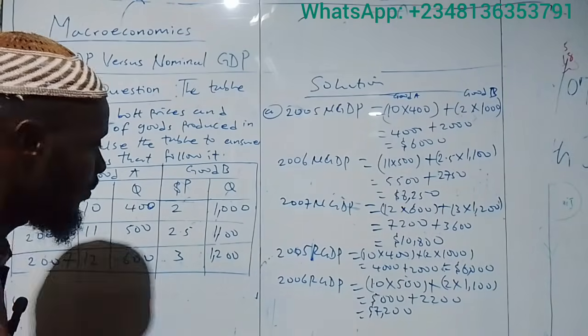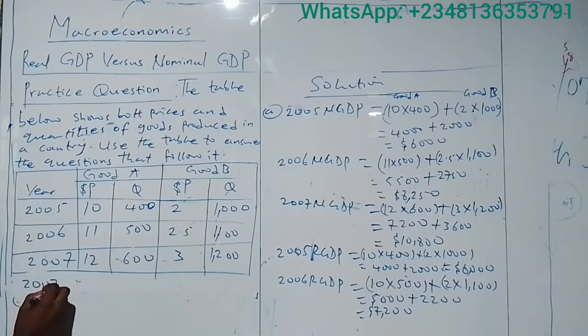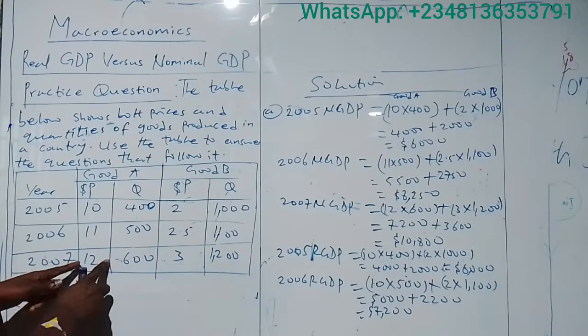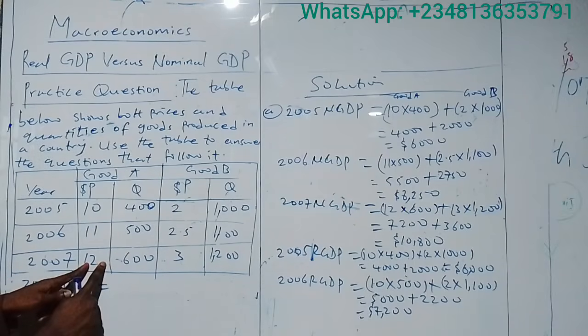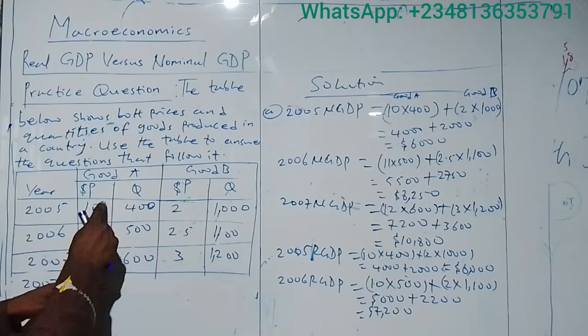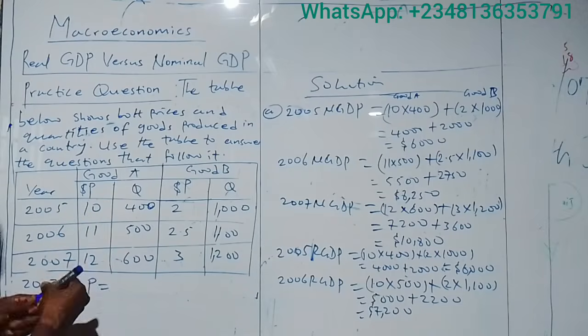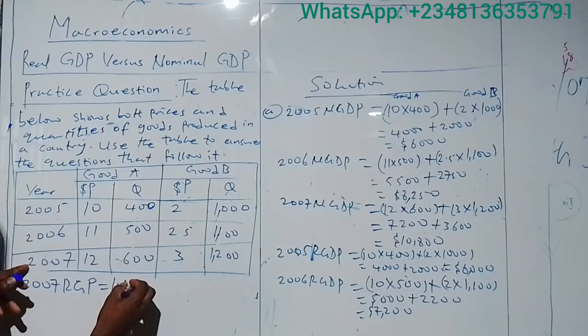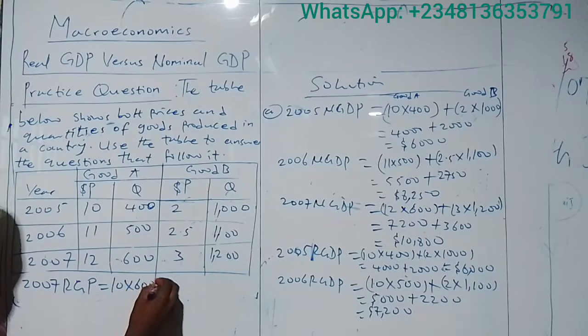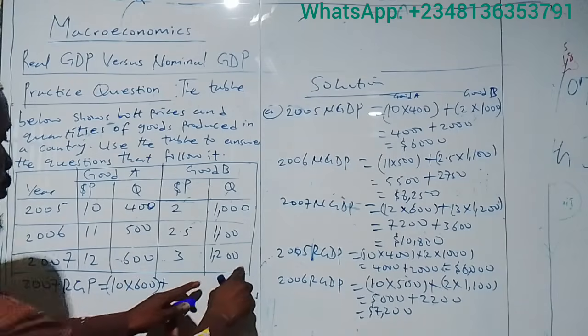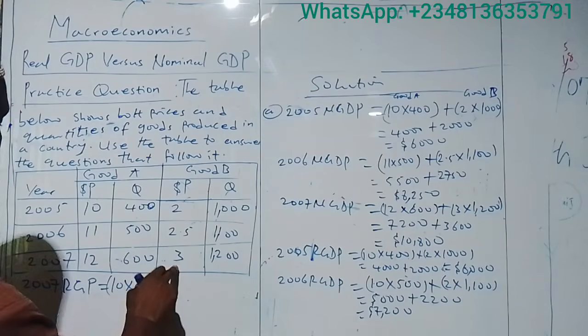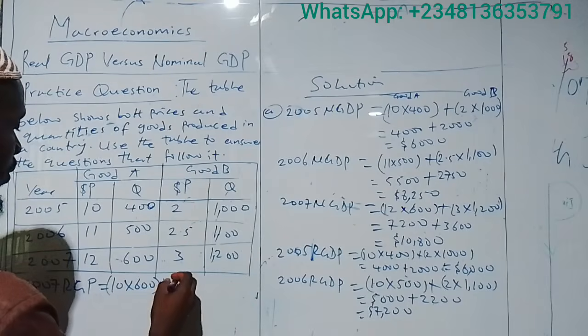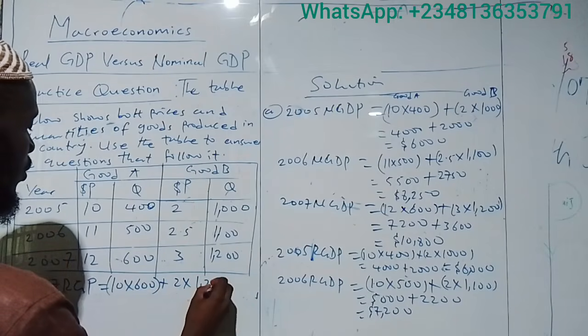Now, what is real GDP in 2007? Let me calculate that here. 2007 real GDP. So we are going to do the same thing. In 2007, instead of using the price in that year, we are going to use the price in the base year. That is 10 multiplied by the quantity in the year we are calculating for, 600, plus, this is good A, we move to good B. Instead of using 3, the price in that year, we go to the base year, we have 2 multiplied by 1,200.